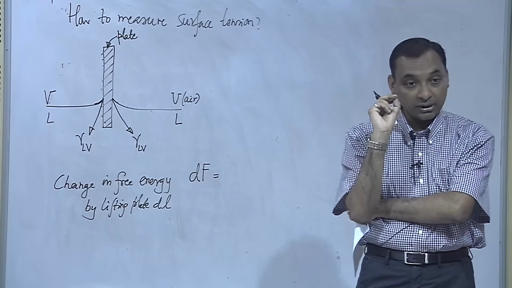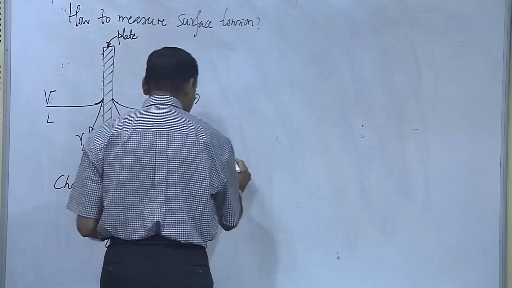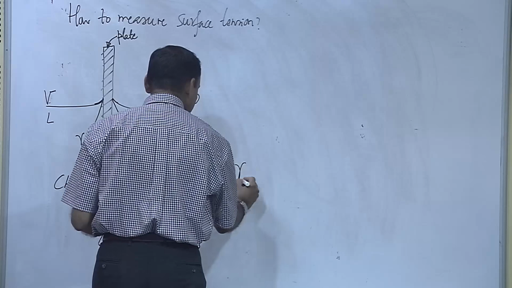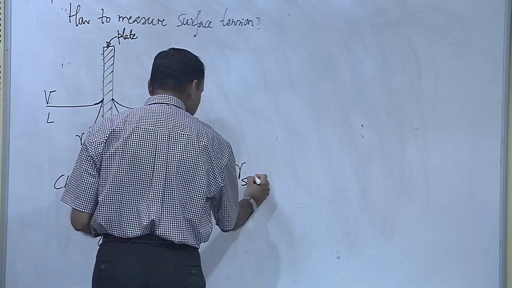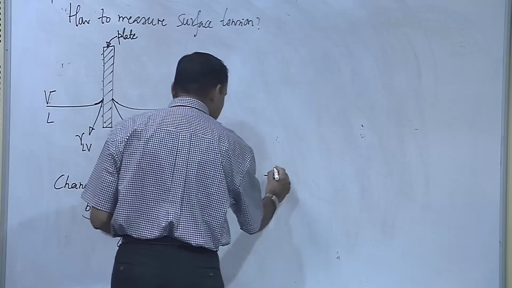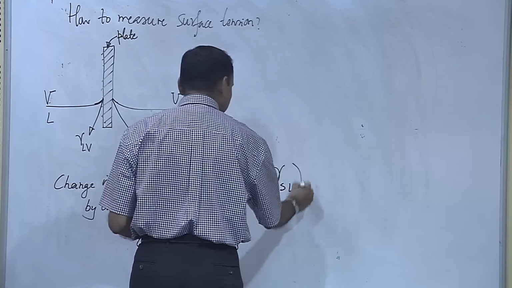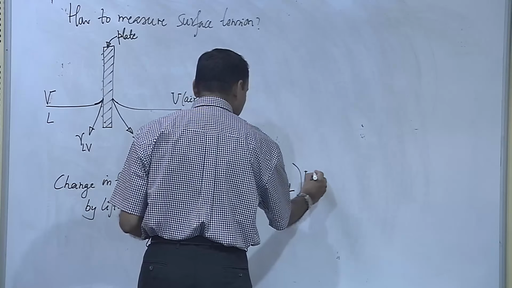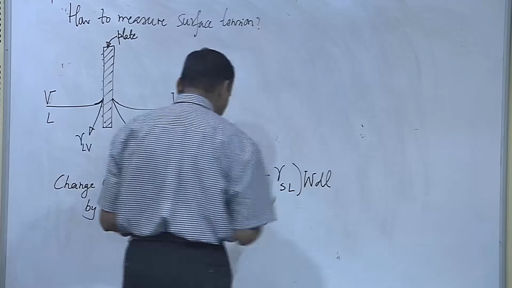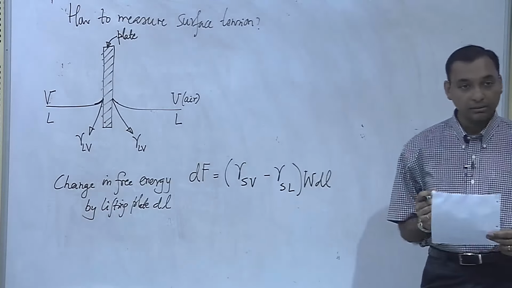water molecules, correct. So, if that is the case, I can write this as gamma solid vapor. This is the new one that I have created. I have lost gamma solid liquid, times, if W is the width, dl. Okay, is that correct?